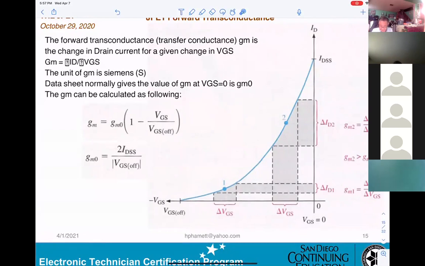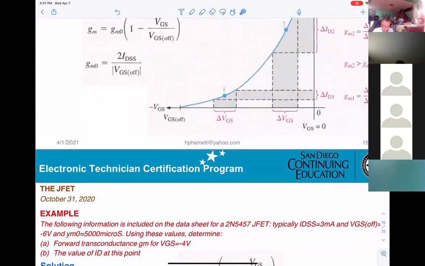That's right. You get the ratio between the deltas, so you have to get two points. Yeah, it's a slope. You get delta I at one point here and one point here, going down, and you get delta VGS. So that's the definition.